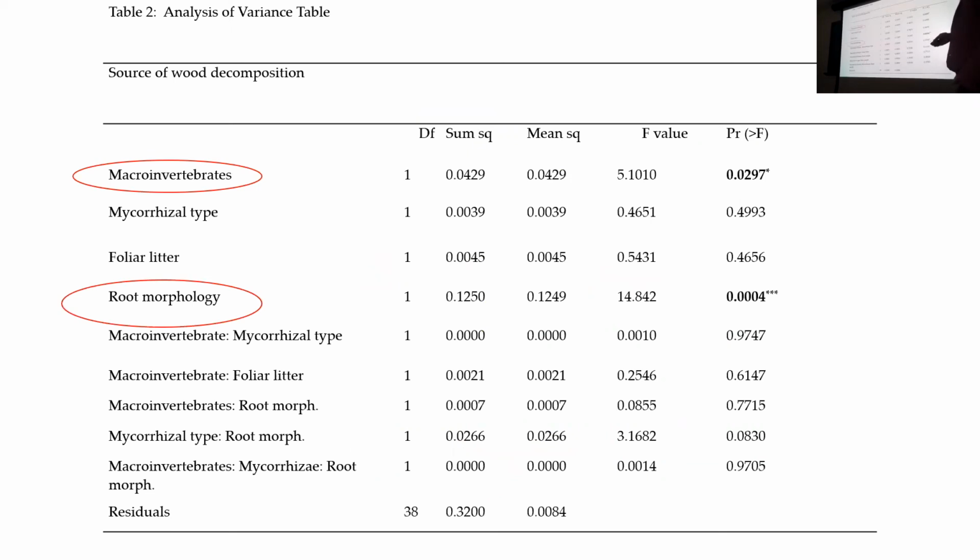And this is how it looked in our ANOVA analysis, and we didn't detect any interactions. The macroinvertebrates and root morphology were significant, while mycorrhizal type and foliar litter did not affect decomposer response.